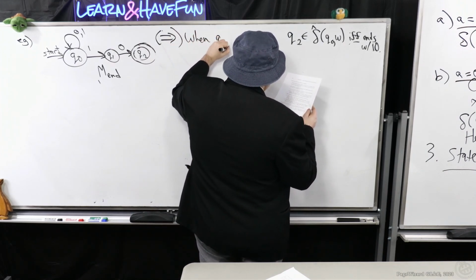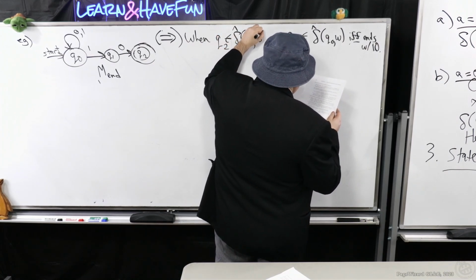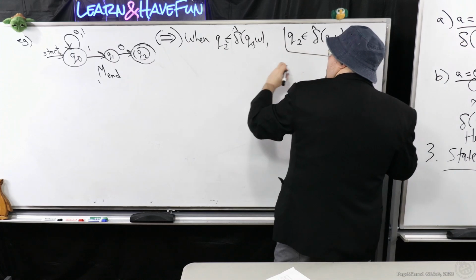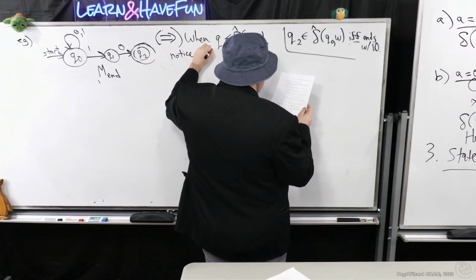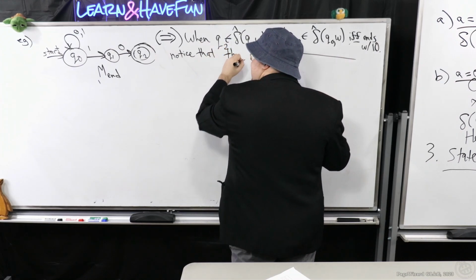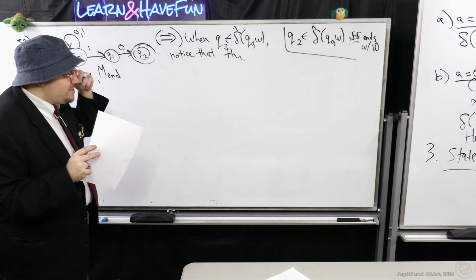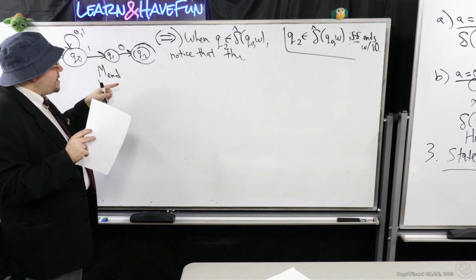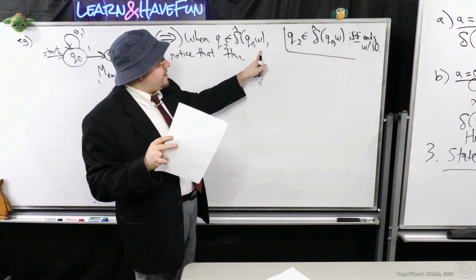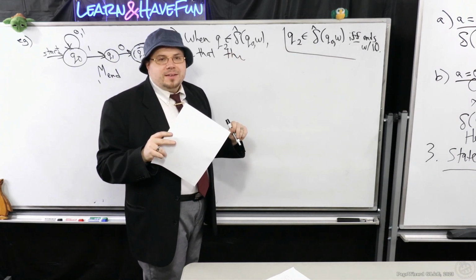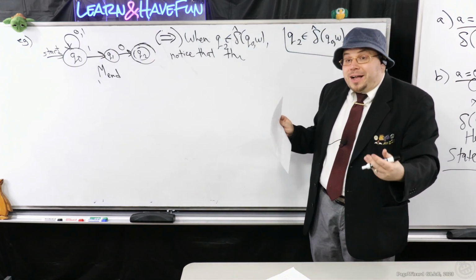So when Q2 is in delta hat Q0W, notice that again, I've got my Explorer hat on. What can I say about if Q2 is in this set upon processing W? Where had it to have come from?